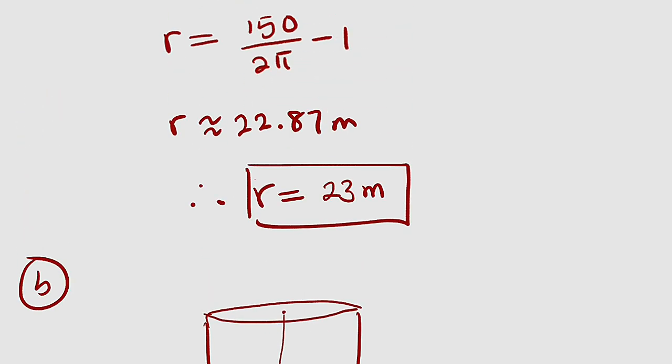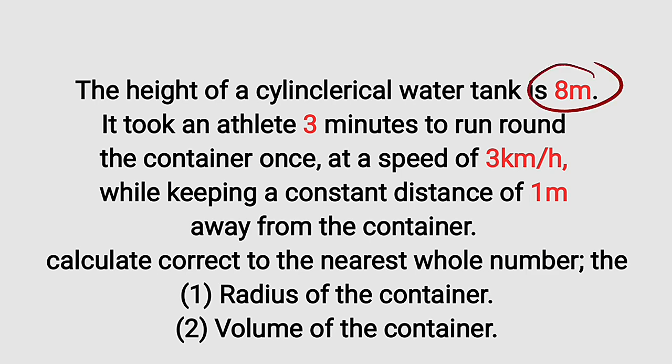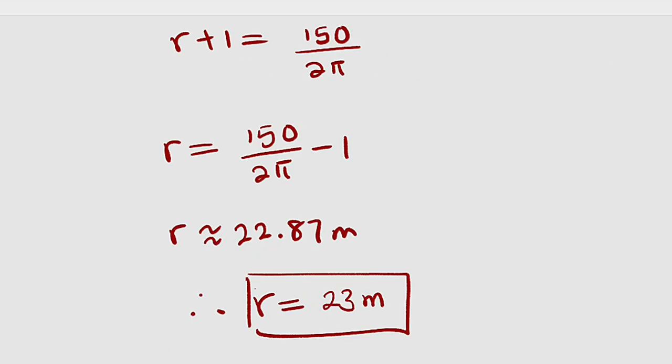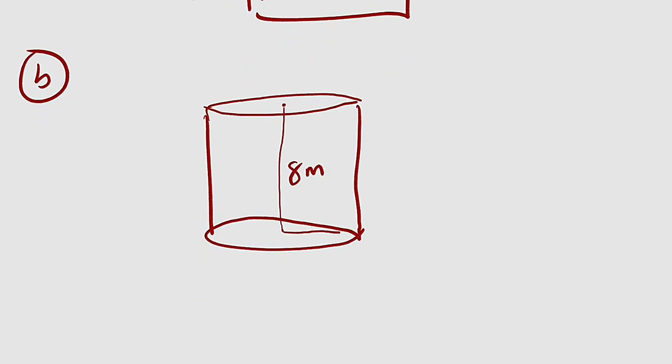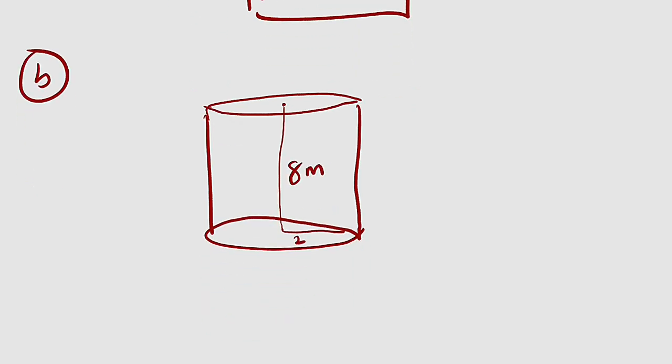The height of the container is 8 meters. And the radius, which is this, we have seen is equal to 23. So this is 23.